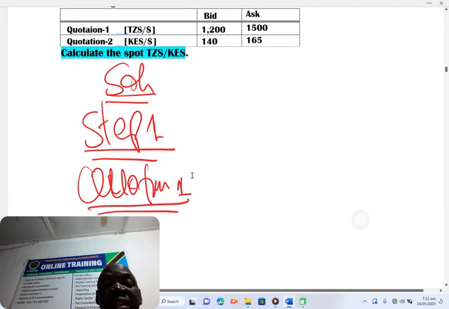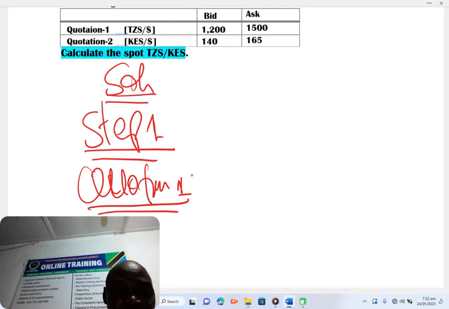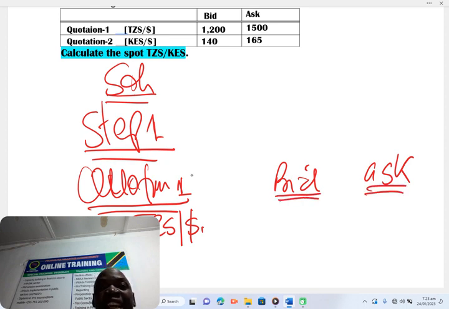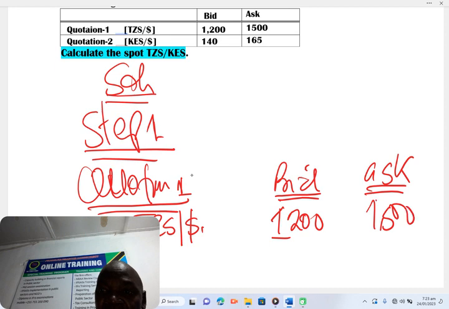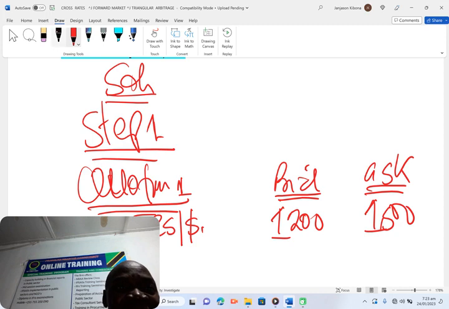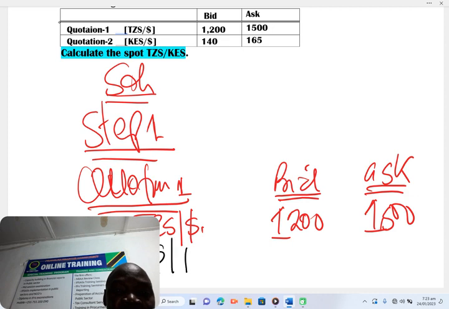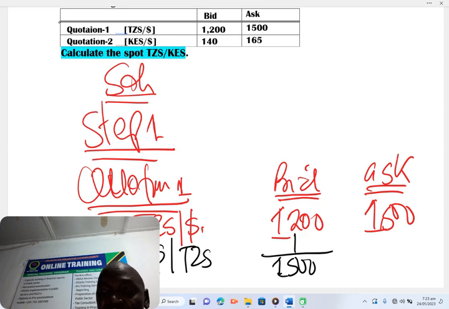Can you copy it? It is TZS stroke dollar. So we have bid and ask. Very important. What are the numbers? So it is 100,000 to 1 and 500, isn't it? But remember, you must introduce another rate, which is dollar stroke TZS, which is 1 over and 1 over.